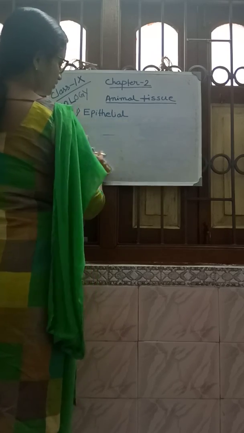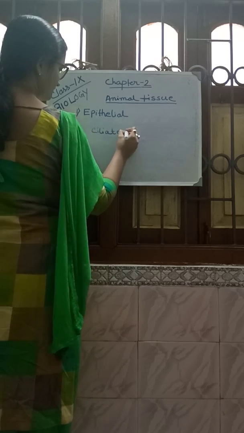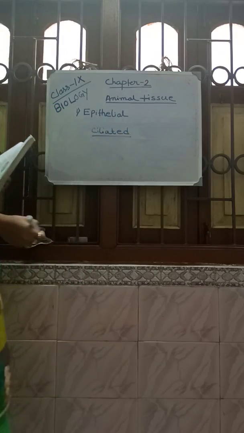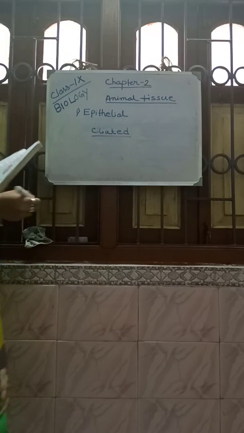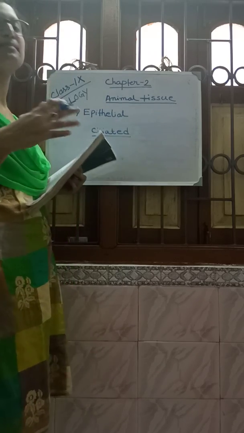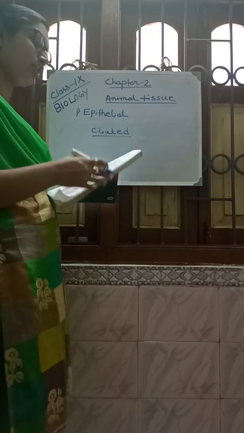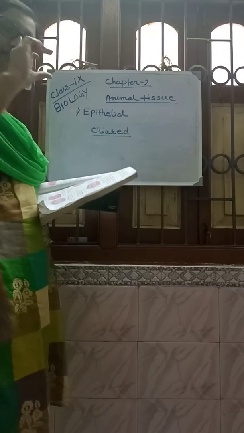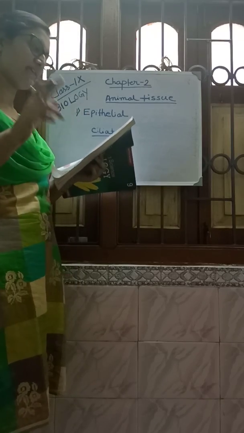The next part of the epithelial tissue is the ciliated epithelium. From the name you can understand the structure: ciliated means cilia are present on the upper side. It may be cuboidal or columnar, a cube-like or tall structure, but cilia are present at the free end.